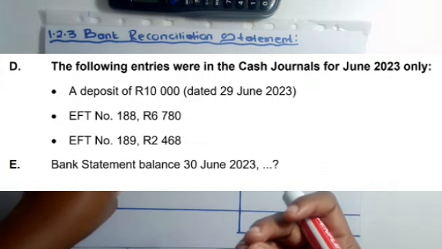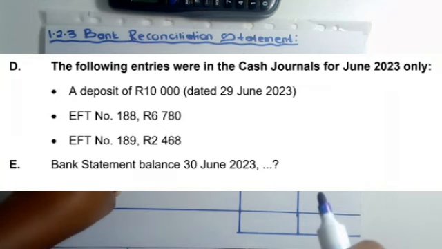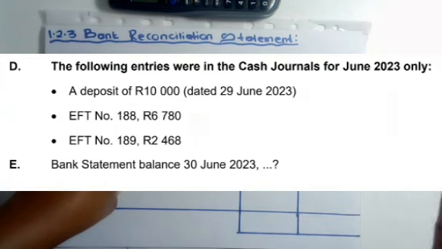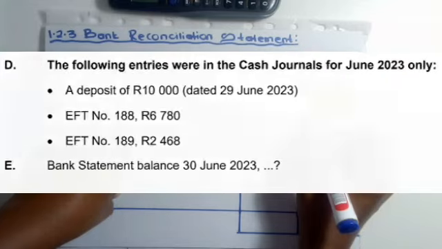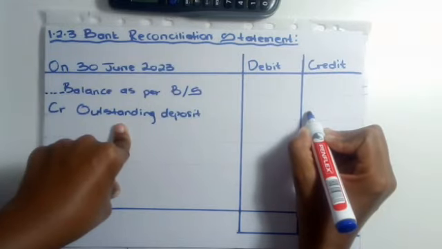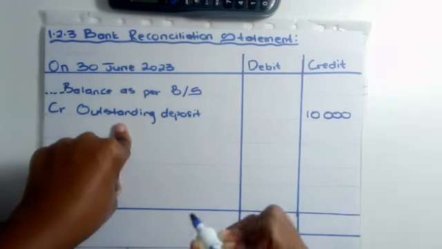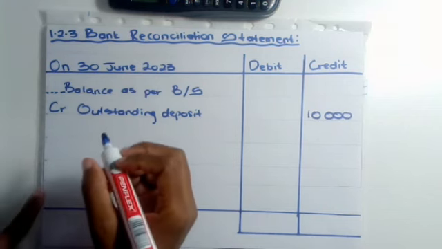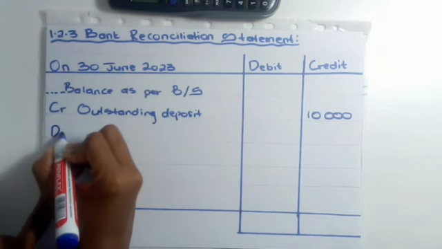And one of them, you will see it says a deposit of 10,000 dated 29 June 2023. That deposit, it's in our books, but it hasn't reached the bank. So we need to alert them about it and say, look out, there is a 10,000 that is supposed to be coming your way. And then, since that is the only outstanding deposit we have, we are going to move on to our outstanding EFTs.